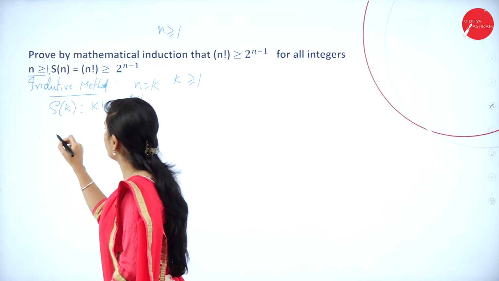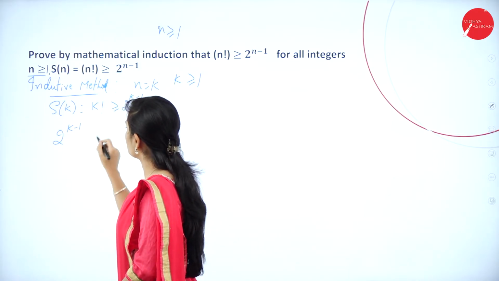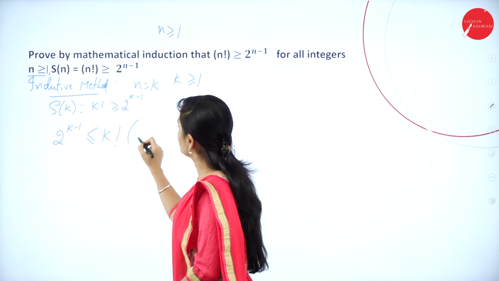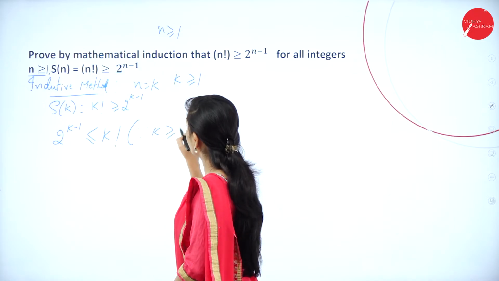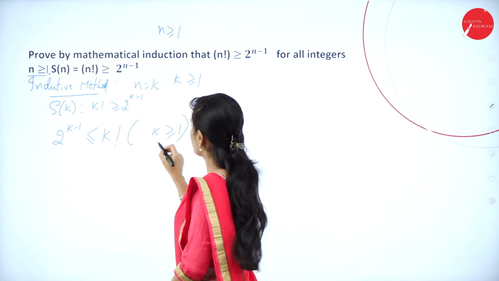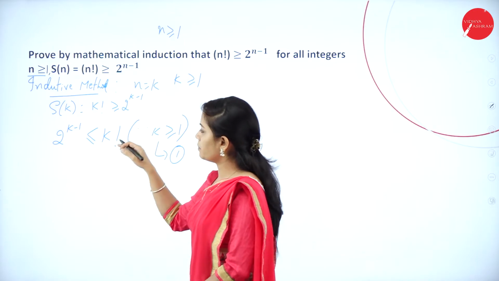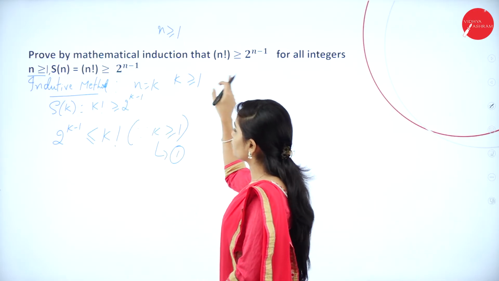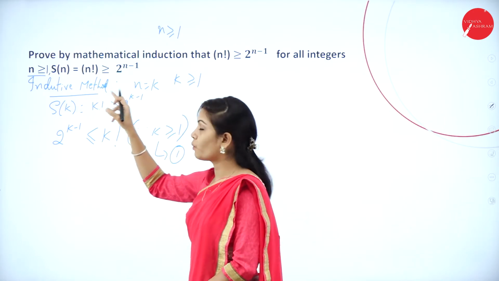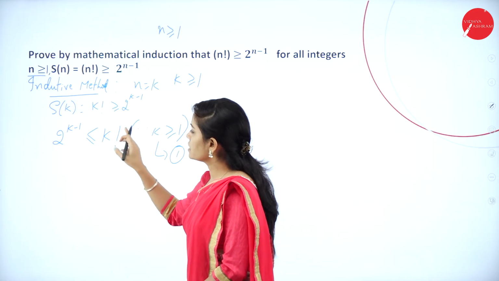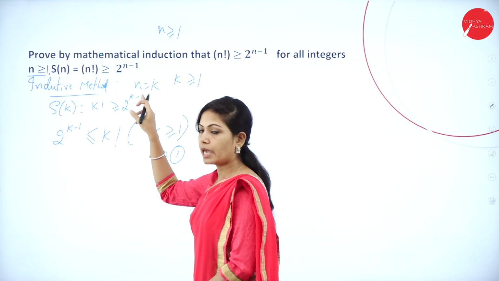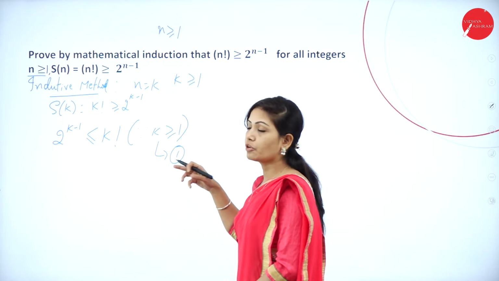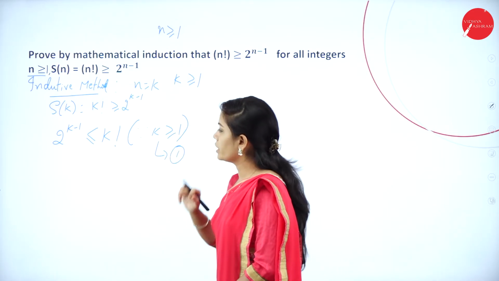Right? So I'll write 2 power k minus 1 should be less than or equal to k factorial, because k is greater than or equal to 1. So this is your equation number 1.